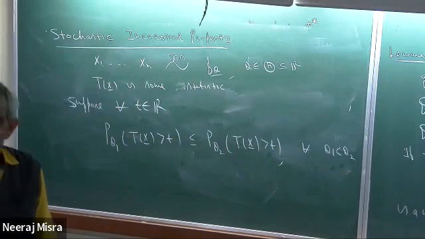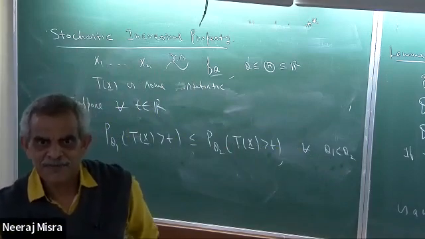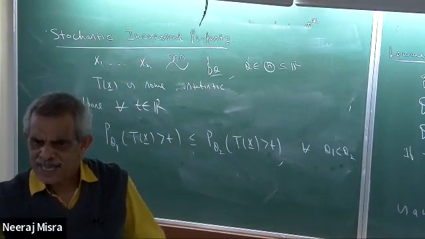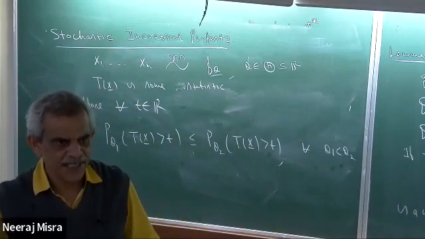This looks like a very natural way of defining it, right? Now, if that happens, I say that T(X) has a stochastically increasing property.